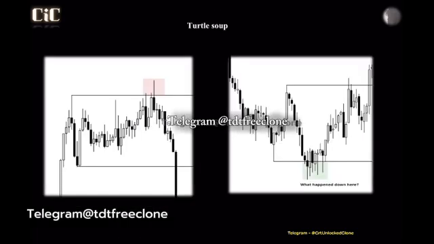Next we have turtle soup. Pretty simple. So we have buy orders, sell orders, market makers pushing price above the old high, stabbing into the buy orders to entice new longs and to stop out old shorts.